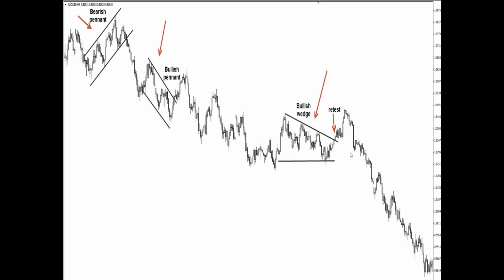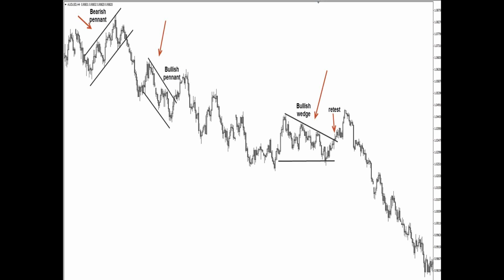Then again, to the right side, we can see a bullish wedge. You see a bullish wedge, flat top, and it is not a triangle because there isn't a vertex. So a wedge is exploited at the breakout of the upper trend line.